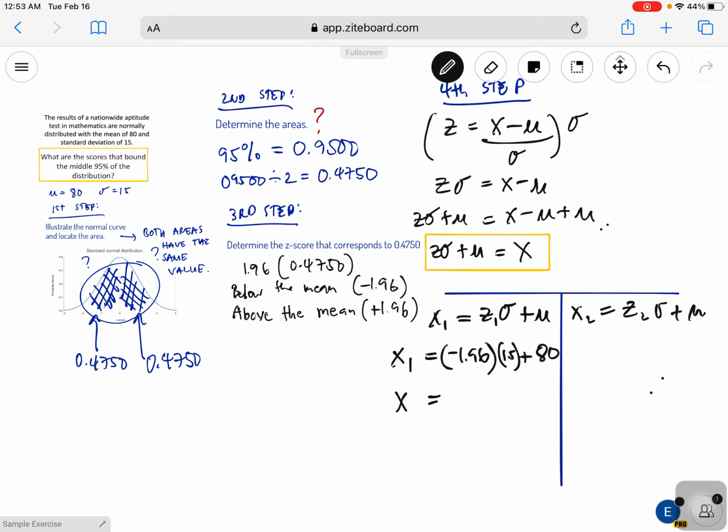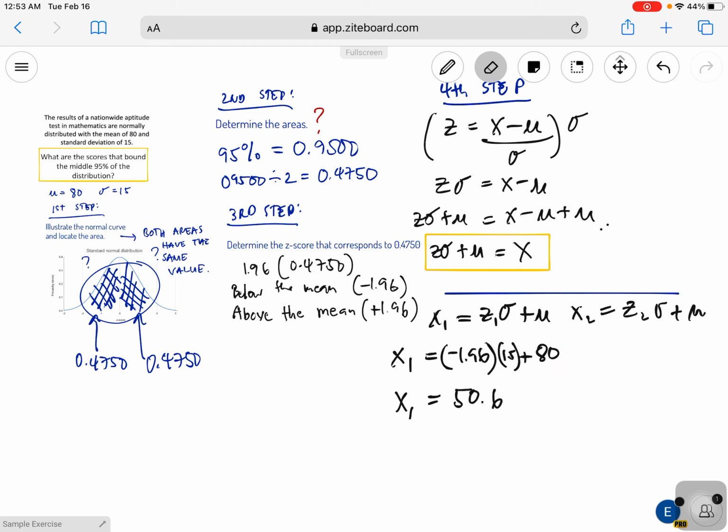Let me just check our calculators here. We have negative 1.96 times 15 plus 80. So we have 50.6.